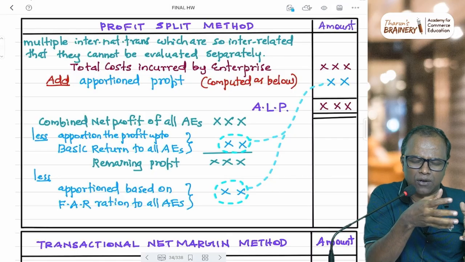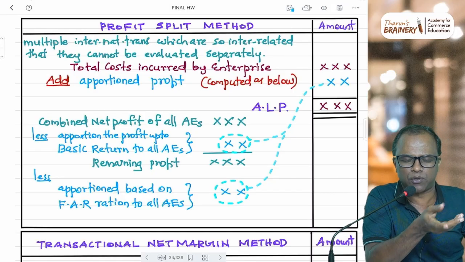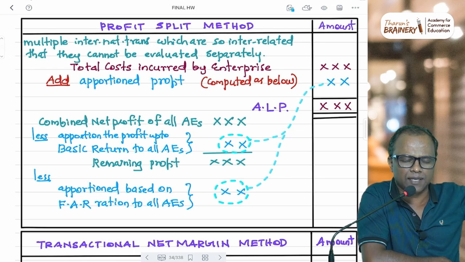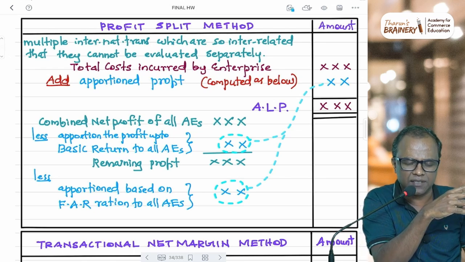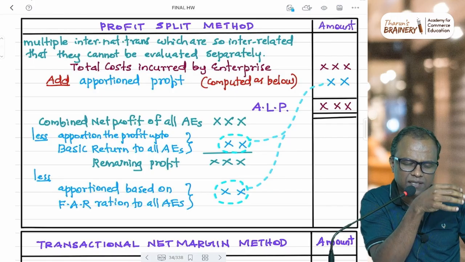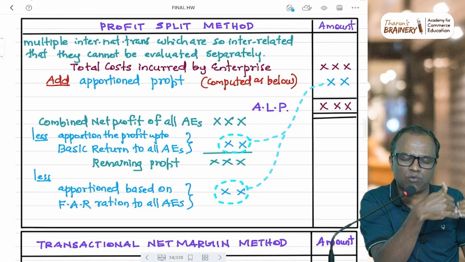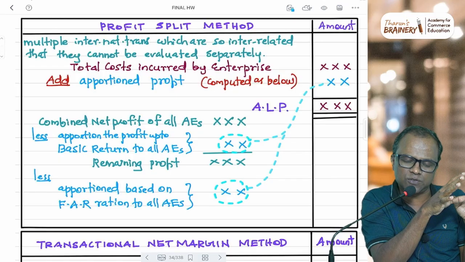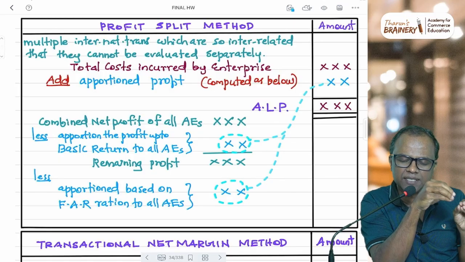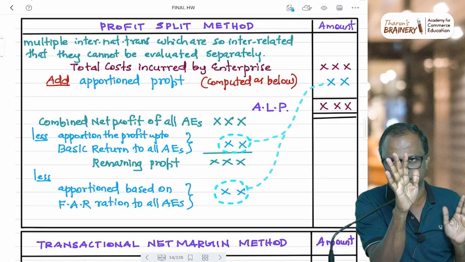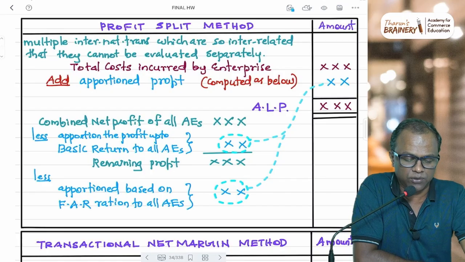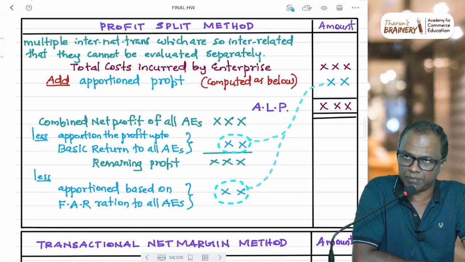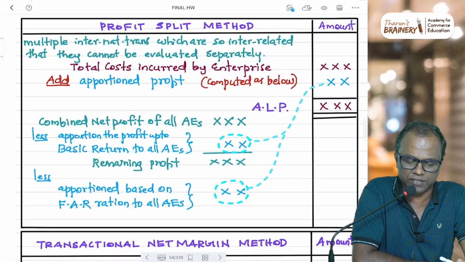Because the entity located in India is giving technical support, the entity located in Singapore is providing production, and the German entity is supervising. So they are billing all these three together as a work. Each country's AE will get their share for the work they have done. So the question is whether the amount billed by each entity is arm's length, especially with the Indian entity. So multiple international transactions which are so interconnected that they cannot be evaluated separately. In that situation, we have to apply this profit split method.